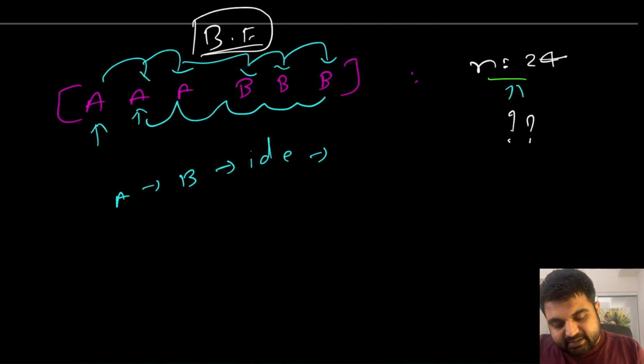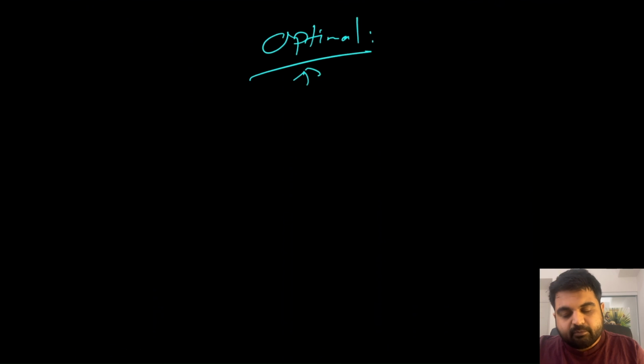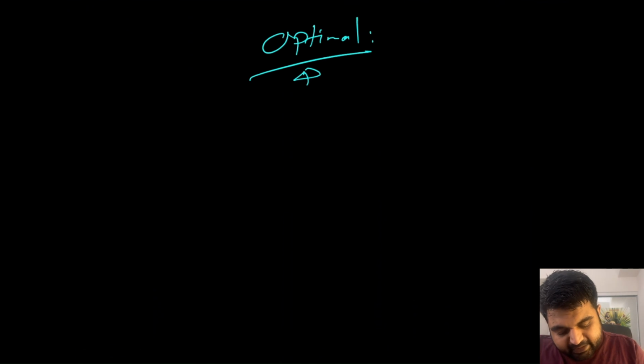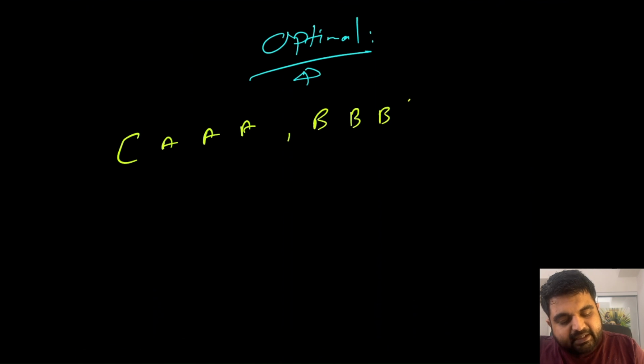So let's try to understand what the optimal solution I'm suggesting is. But for the optimal solution, first we will have to build up some logical understanding of how we can improve our solution. So for that, let's take our favorite example where we are given 3 A's and 3 B's, and once again our n is equal to 2.